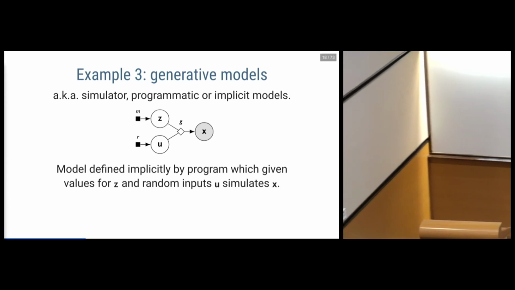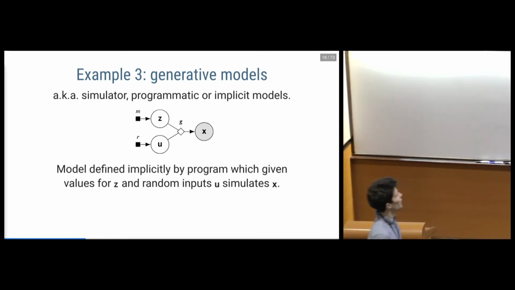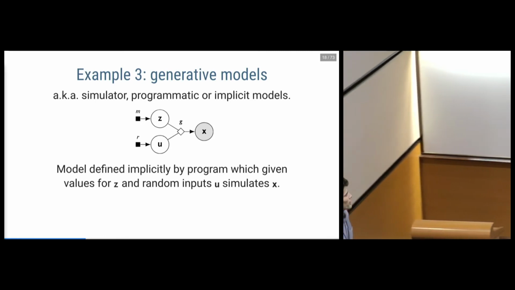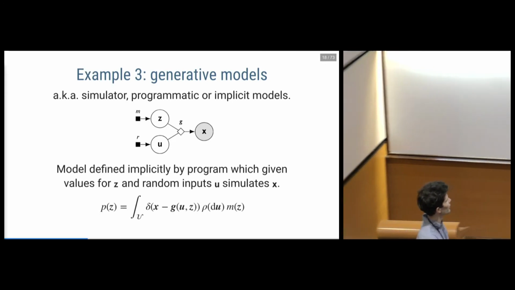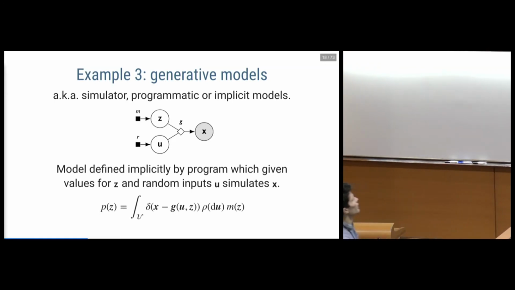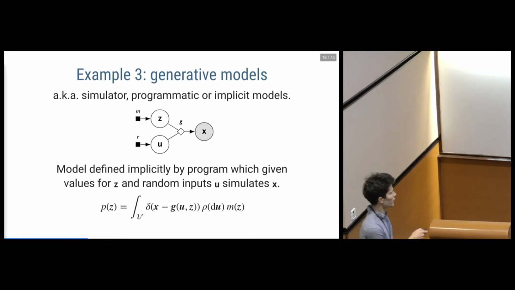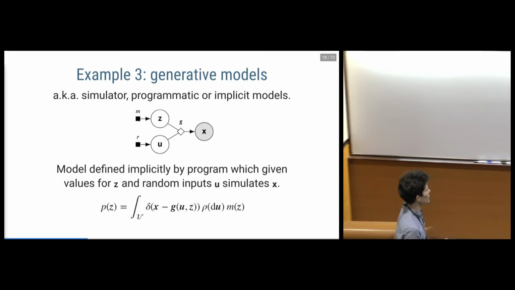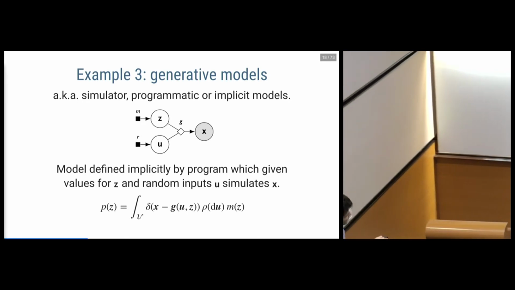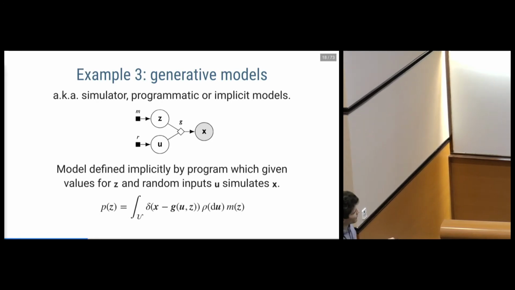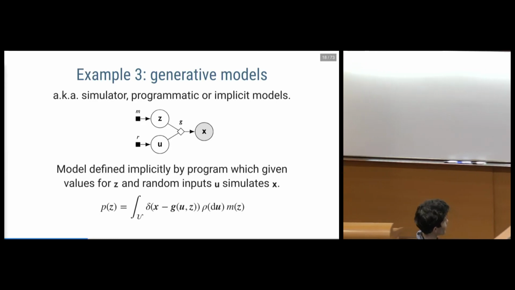As I said, this model is implicitly defined by the program or code which performs that simulation process. We can loosely think of the target density of interest as being this integral against this Dirac delta, or this Dirac measure, between the true observations and the output of the simulator.